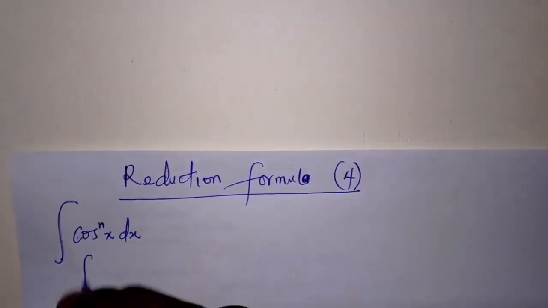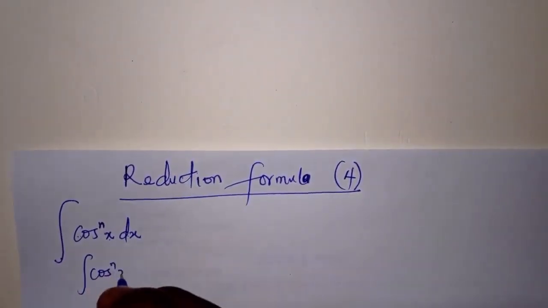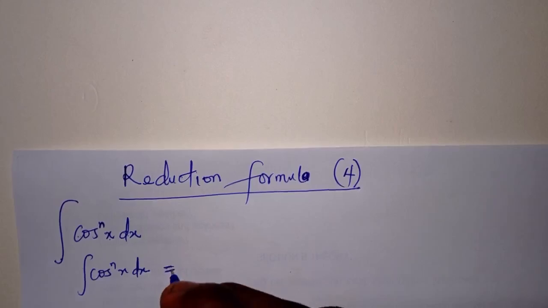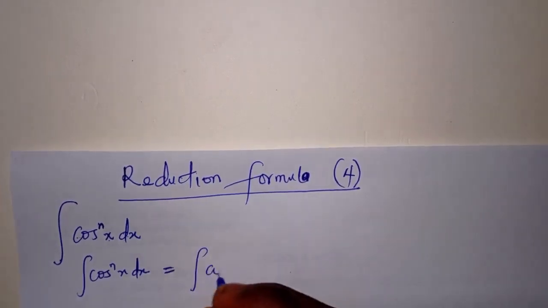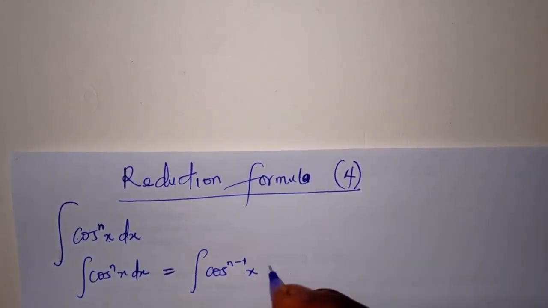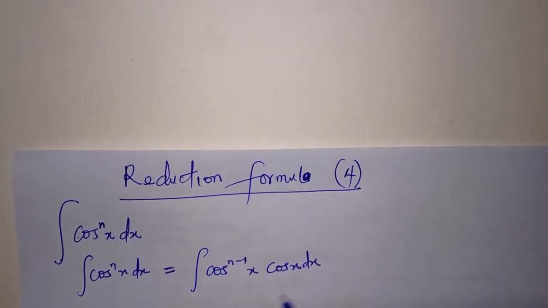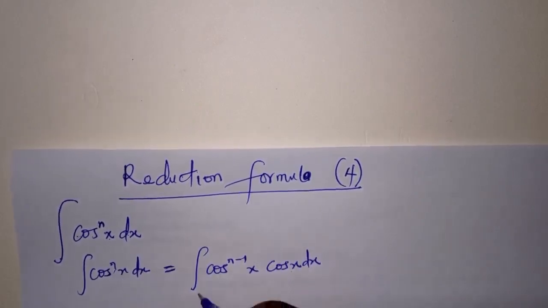The integral of cos^n x dx can be written like this: the integral of cos^(n-1) x cos x dx. How? I split this cos^n x into two.